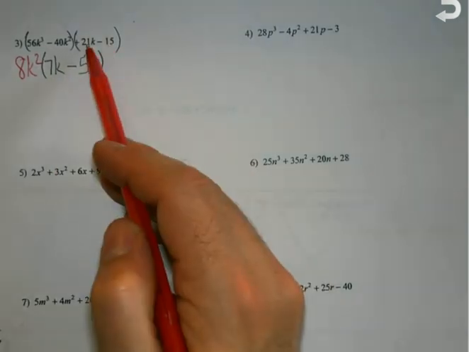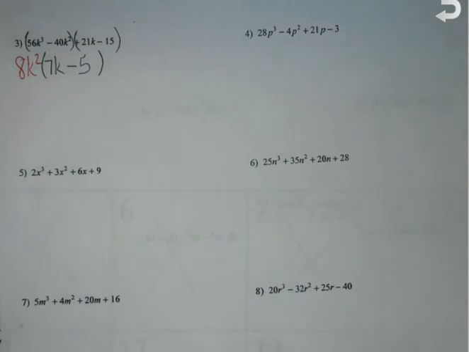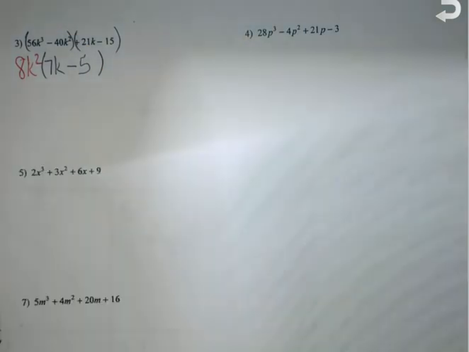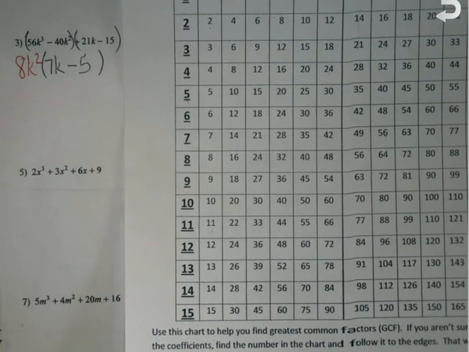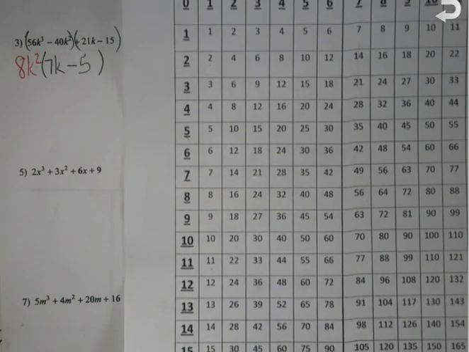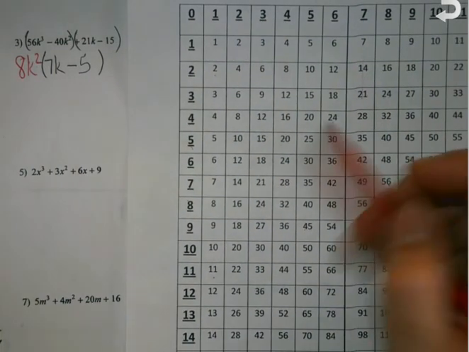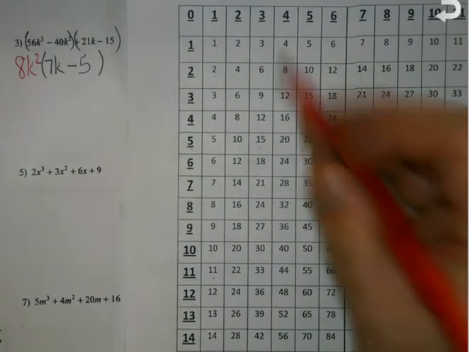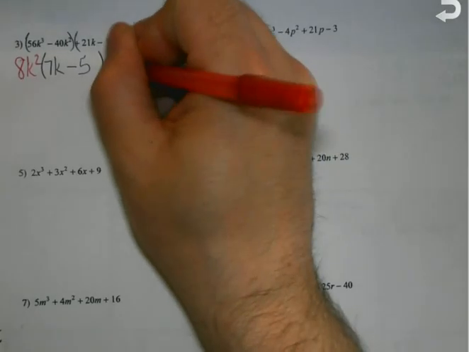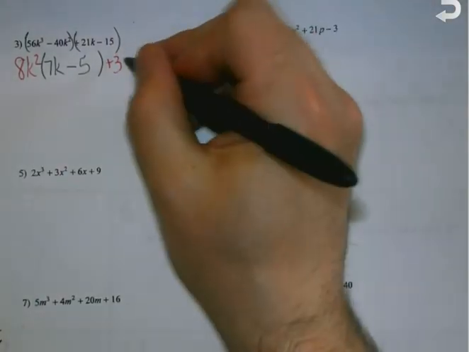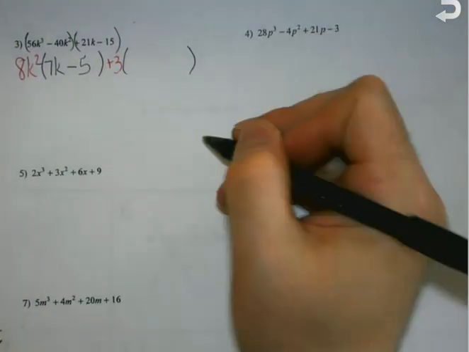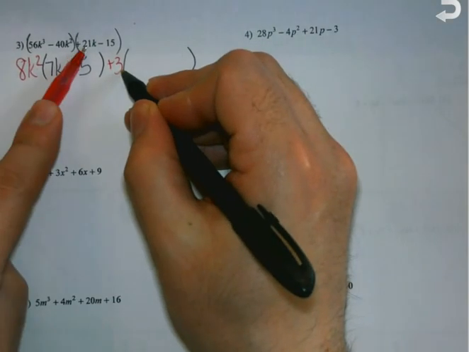So I get to my last group, 21 and 15. What goes in? 21, 15. Okay, 3 does. All right, cut out the 3. 3 times what gets me to 21?